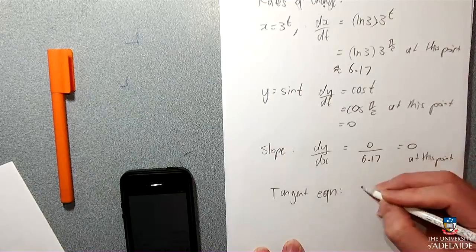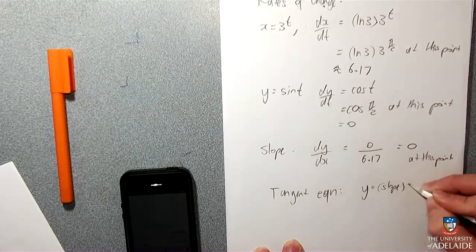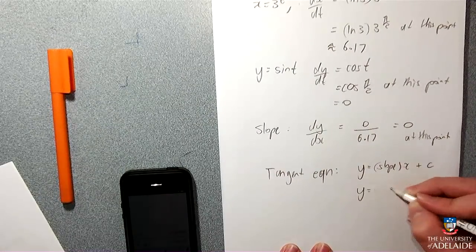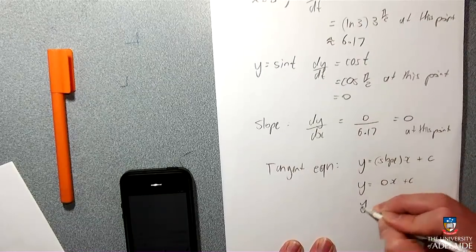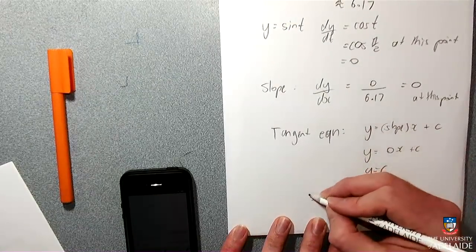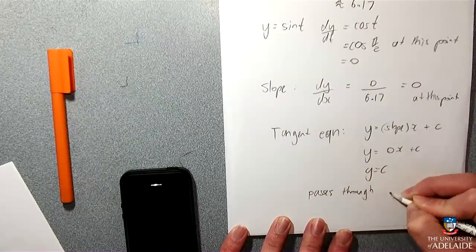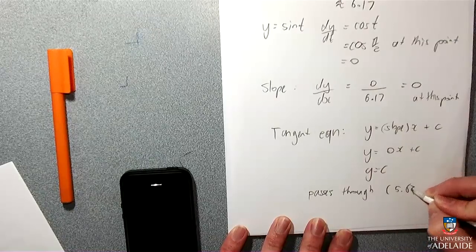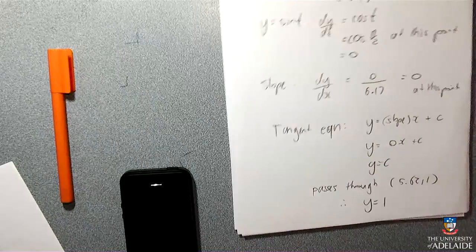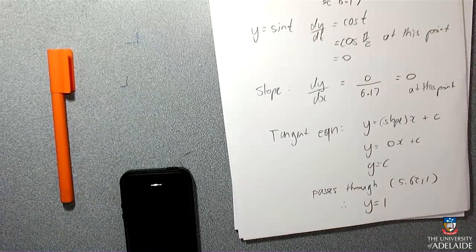The tangent equation is y equals slope times x plus c for some c. It passes through 5.621, and so therefore it's y equals 1. I really should do another example where it doesn't turn out to be a slope 0.